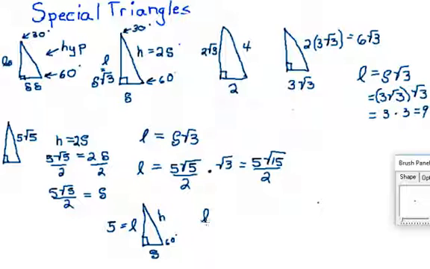Remember that the long leg equals s times the square root of 3. So we start substituting. We know that 5 equals s times the square root of 3. We need to get s by itself here, so we're going to have to divide both sides by the square root of 3.